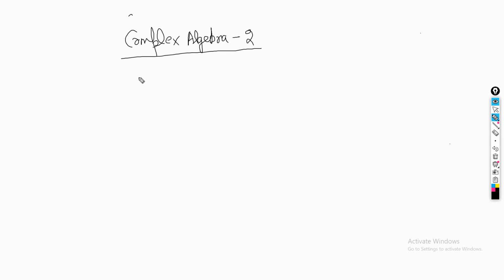network analysis and synthesis. Suppose there are two complex numbers z1 equal to x1 plus j y1 and another complex number is z2 equal to x2 plus j y2. Suppose we want to perform addition on these two complex numbers.